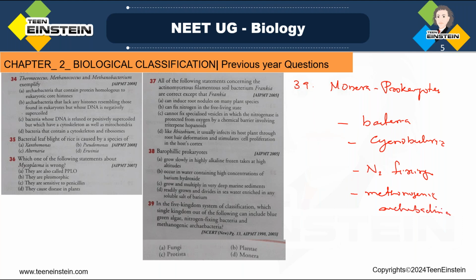So all these belong to monera, which has all prokaryotes. So which is the right answer here? Answer is option D, kingdom monera. Clear?